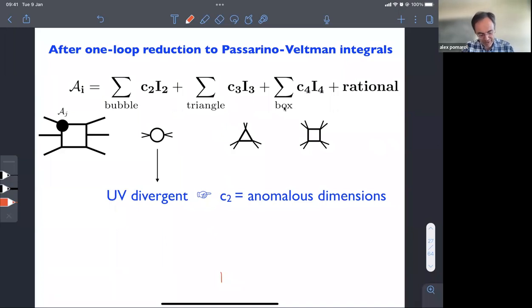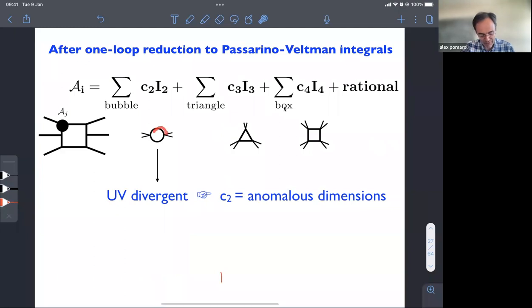So here I only have to look for the divergent part, and the divergence can obviously only come from this guy. UV divergent because this is an integral d^4p with two propagators, something like p1, p2, that has dimension p squared.